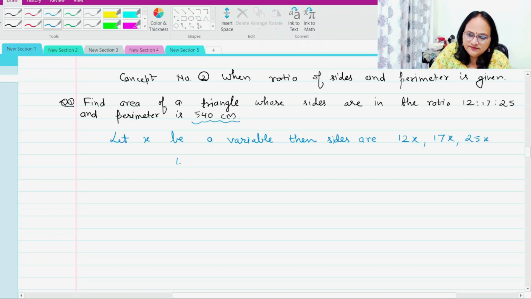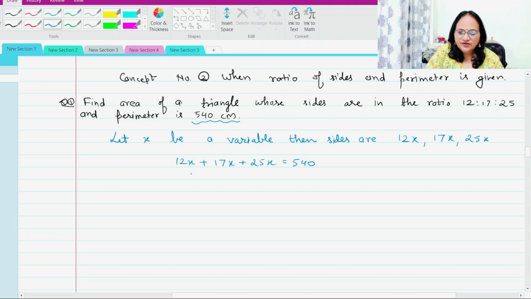So we will add them: 12x, 17x and 25x, which is equal to 540. On the left hand side I have 12 plus 17 plus 25, so 54x is equal to 540. So x will be 540 divided by 54, which comes out to be 10.